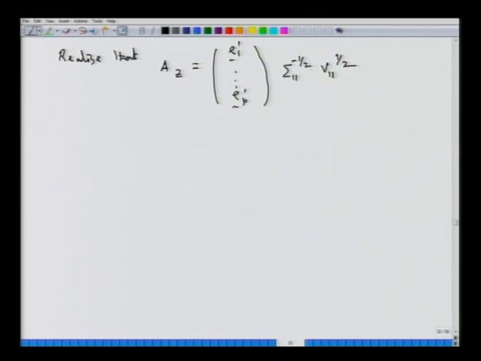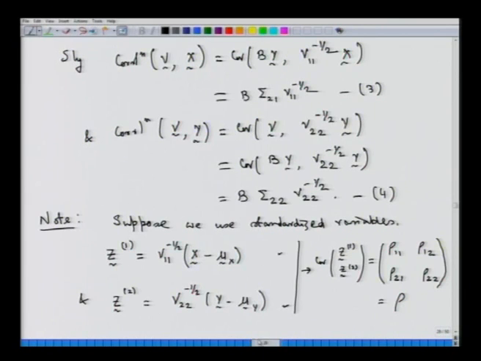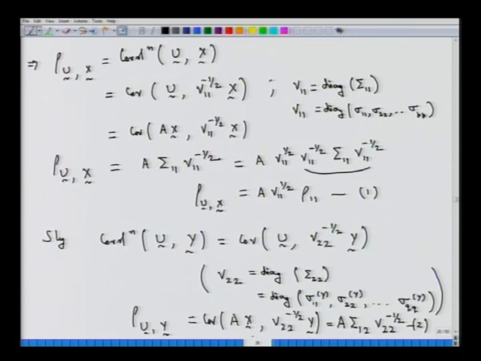So this is that Az matrix, and what we had earlier derived was that the correlation between the u vector and the x vector was equal to A times V11 to the power half times this. This is the correlation between u and x.